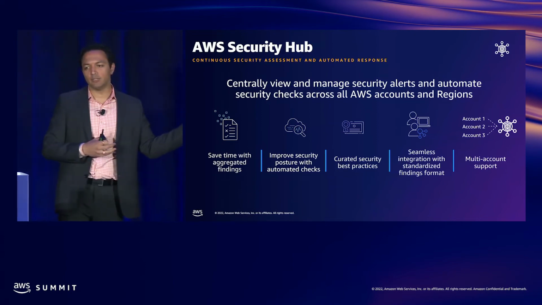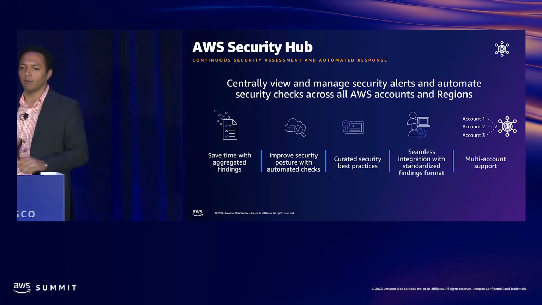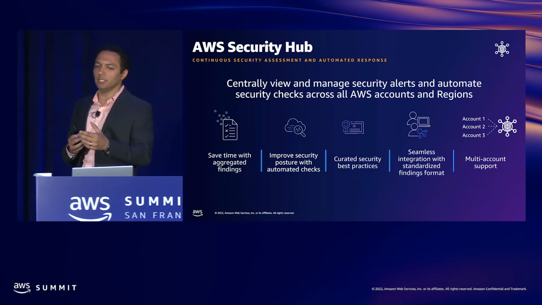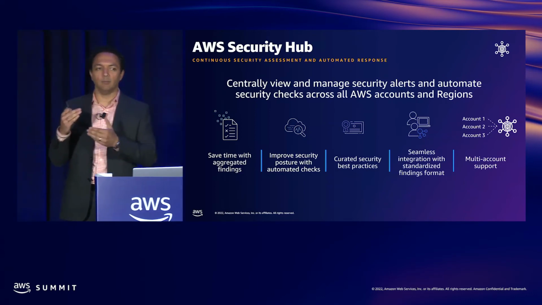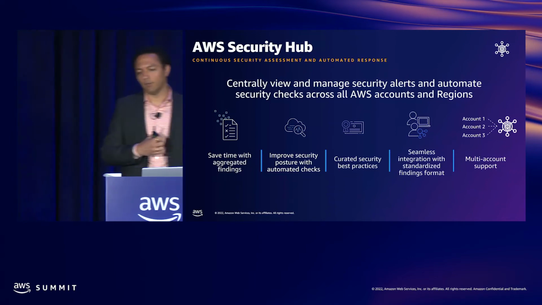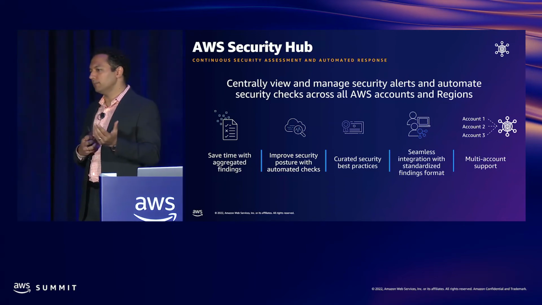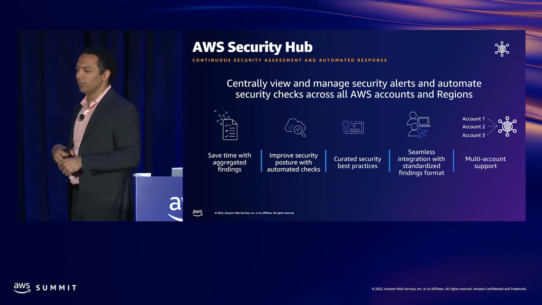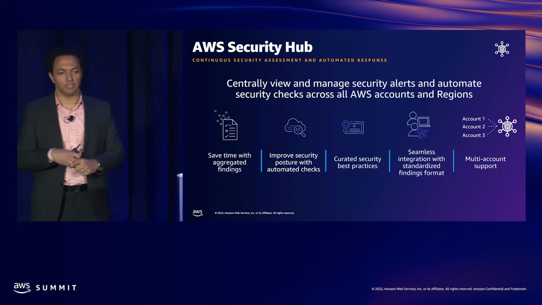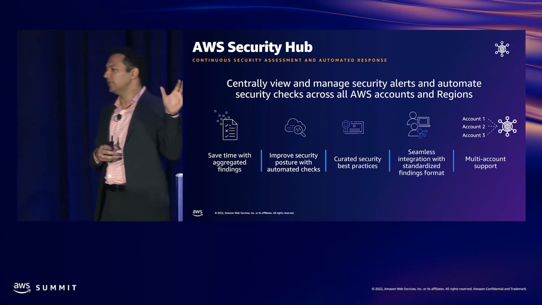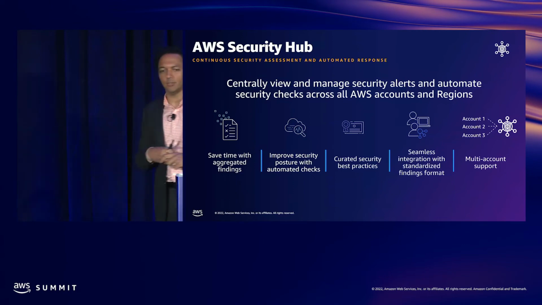Deviations from those standards are then reported as findings in Security Hub, which gives the security teams the ability to prioritize where the more critical actions are that you need to take. Starting from the get-go, if you have an IAM principal which does not have MFA, or multi-factor authentication, enabled, or somebody is using root credentials in certain resources, those are some of the severe and high critical findings that will be reported in Security Hub right away.